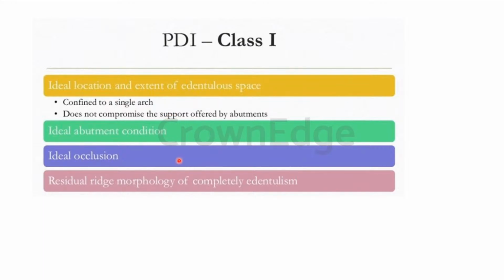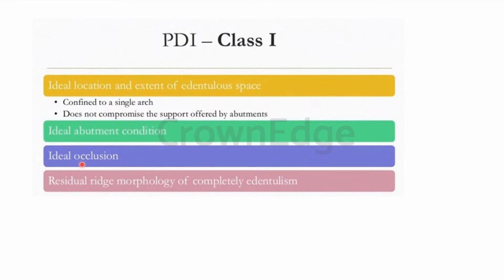Ideal abutment condition, in which there is no periodontal compromise of the abutment teeth: the bone loss is not there, there's no mobility in the teeth, no pockets, no gingival inflammation, all those are not there, all right? So it is an ideal abutment condition. The teeth on either side of the edentulous space, which are going to be taken up for support, are an ideal scenario.